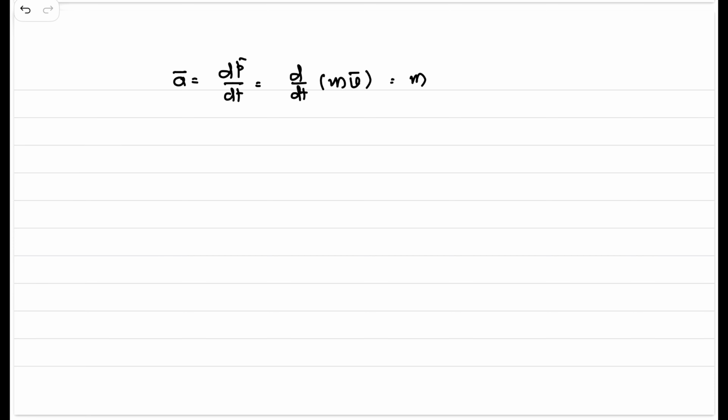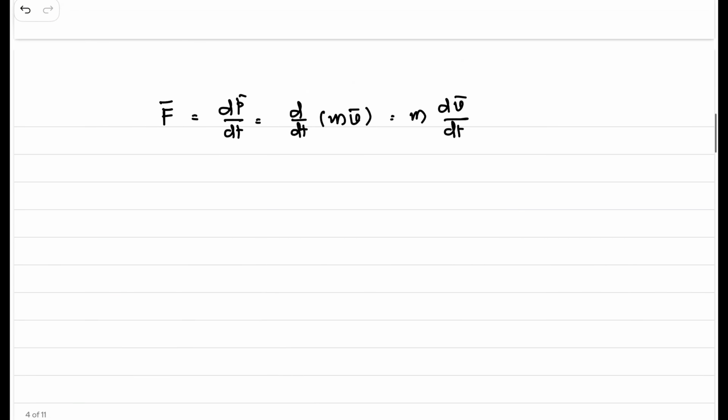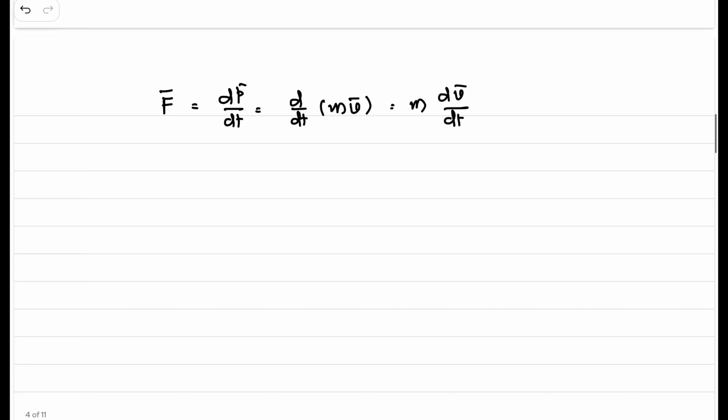When m is constant, it will be dv by dt. Sorry, it is not acceleration, it is force. This implies force is equal to m into a, that is equal to dp by dt. This is the equation for force.